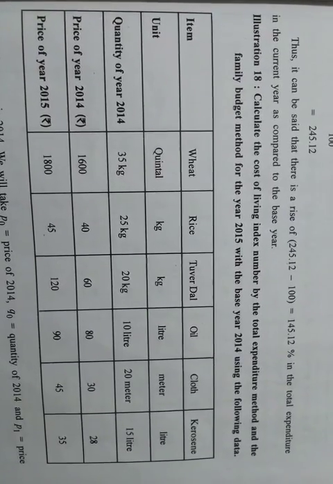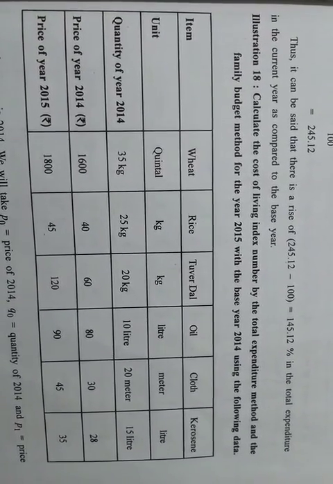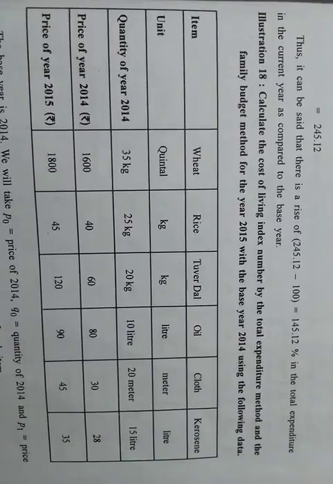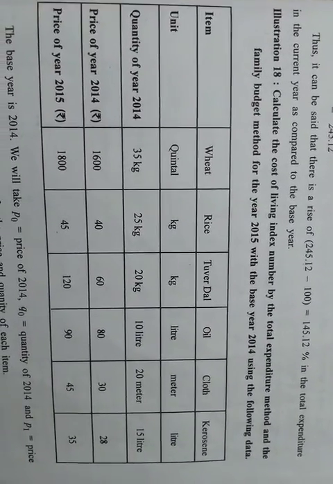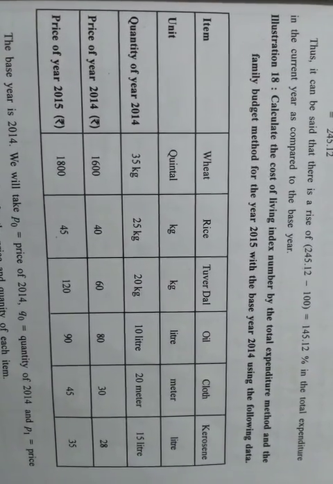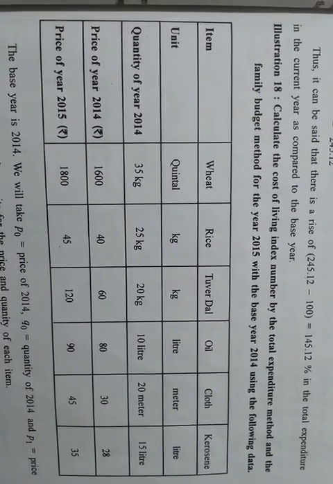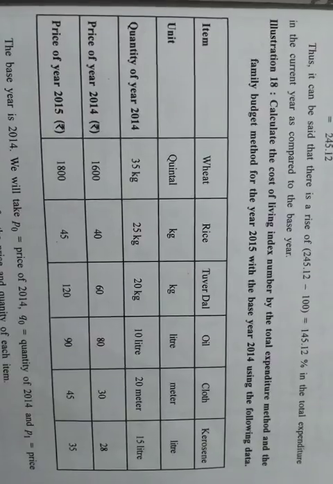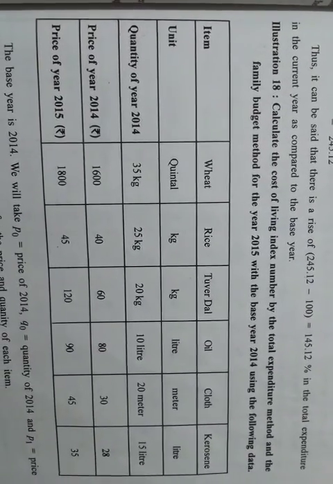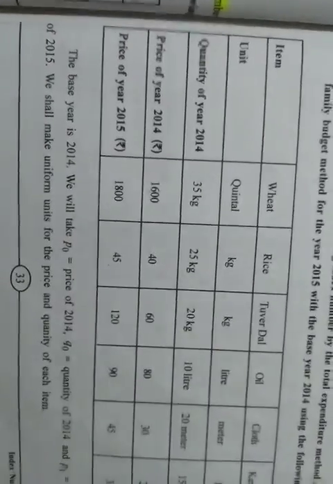Units are quintal, kg, liter, meter and liter. These are all basic units. Then quantity in the base year is given, price in the base year is given, price in the current year is given. Current year quantity is not given, therefore we will apply the Q0 system here. That is very important.